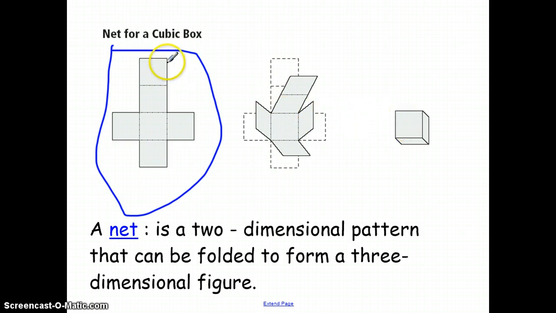Now, just a point of thought I want you to think about is that there are many different designs that a net could be in order to make this cube. If you can think about those different designs, that's something we're going to be covering in class tomorrow. So feel free to start thinking about that.